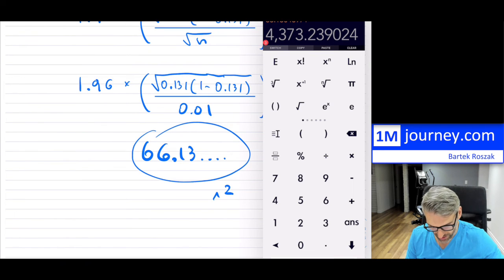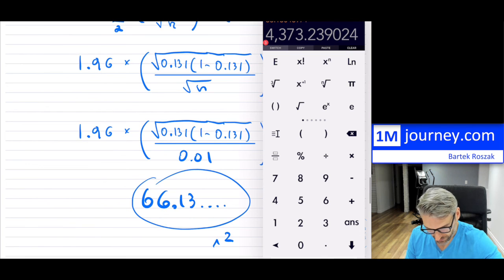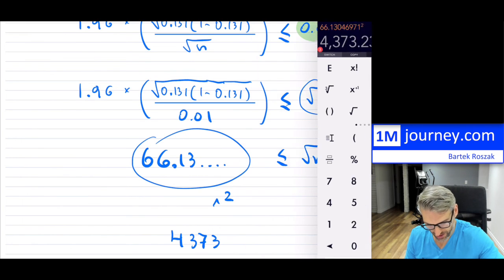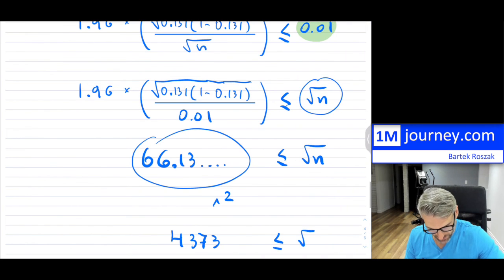This is actually rather large. So this is going to be a huge sample size, approximately 4,373.